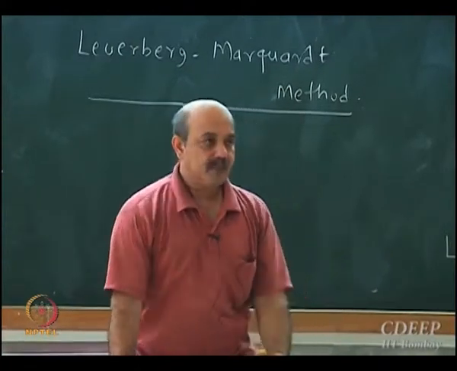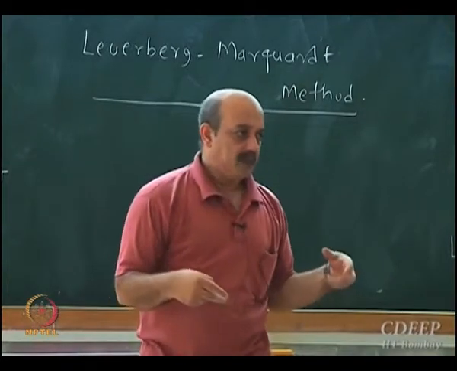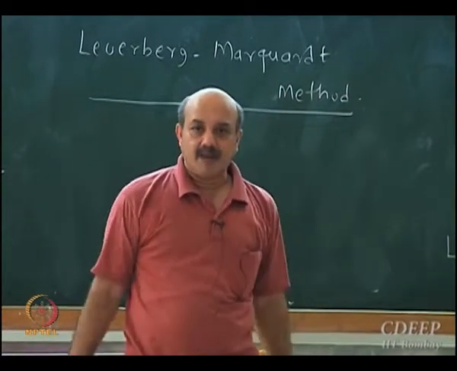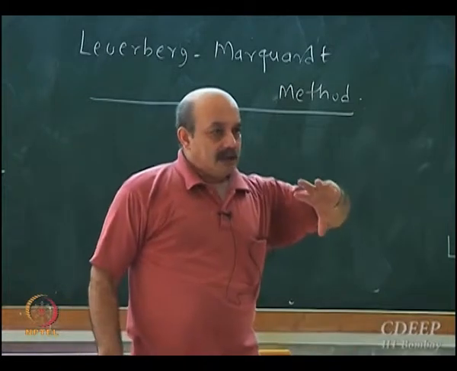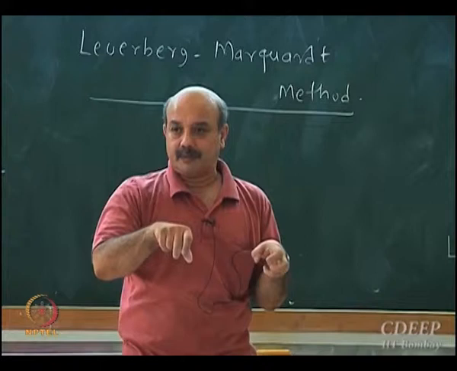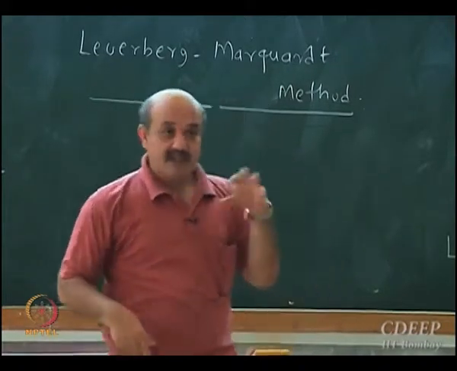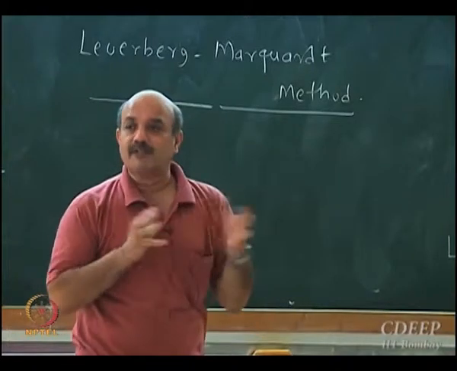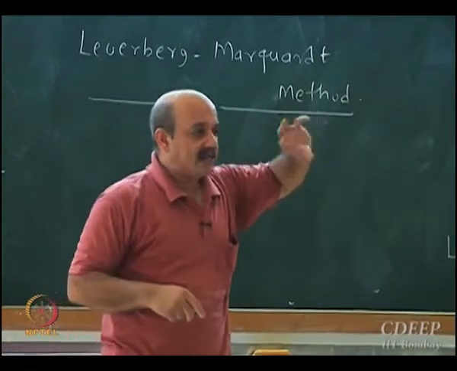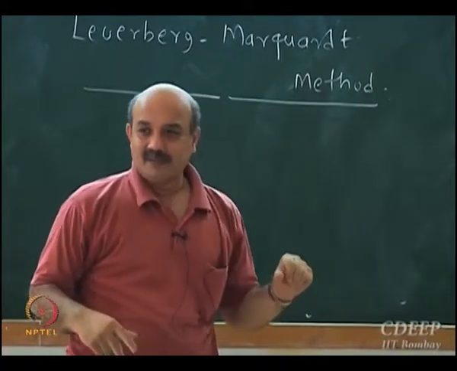But once it comes close to the optimum, it becomes very, very slow. The Hessian based method, on the other hand, is very fast when you come close to the optimum. So there is merit in having a method which is a mixture of the two, which initially starts like a gradient method and later on becomes like a Hessian method.